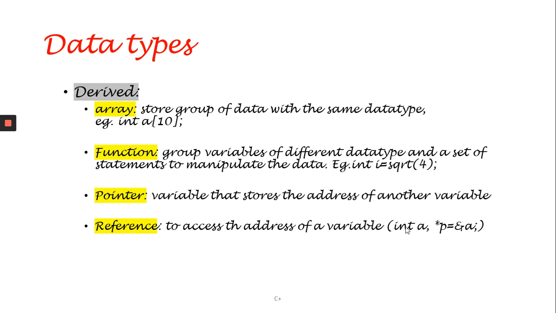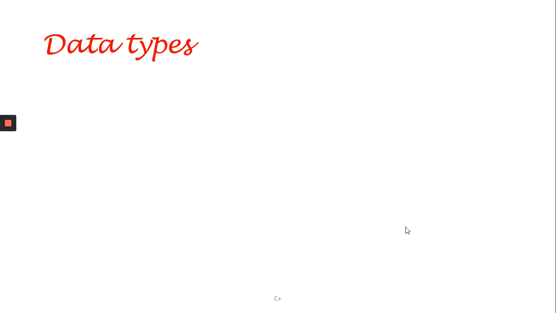Then int *p means p is a variable that can store the address of another variable. int *p = &a is written here. That means the address of a is stored into the location p, which has the capability of storing the address. That is, p is a pointer variable.